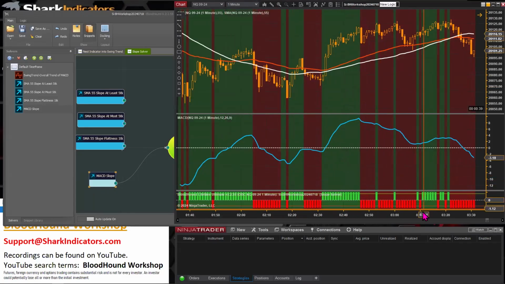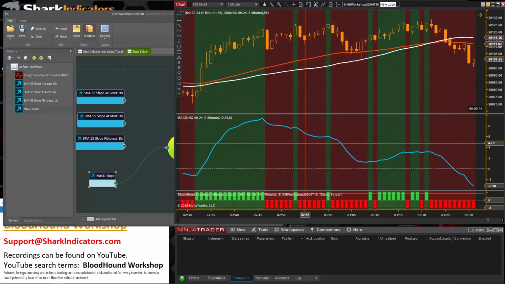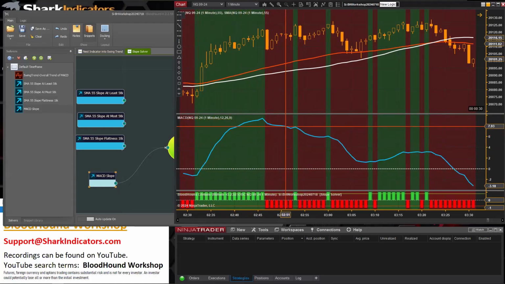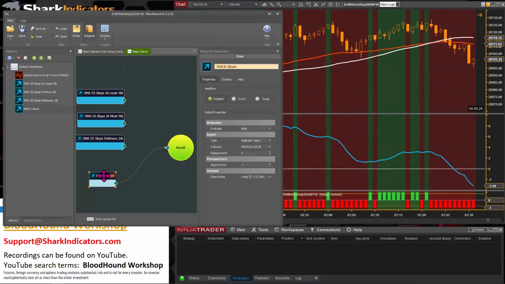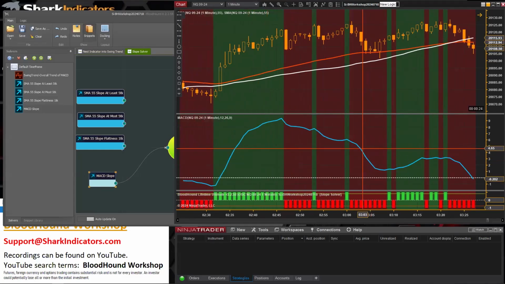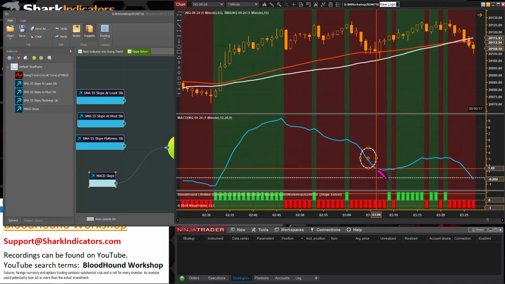So pretty straightforward, right? If the MACD is sloping up, we get a long output, and then once it starts to slope down, we get a short. And you can do the same thing. You can check for a certain amount of slope. So let's say we wanted to identify this little deep dive down.